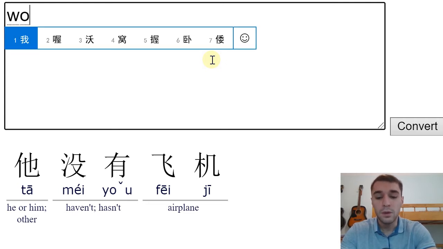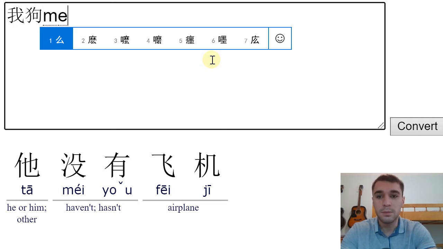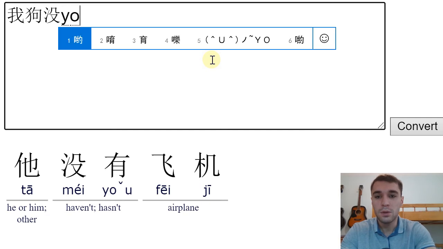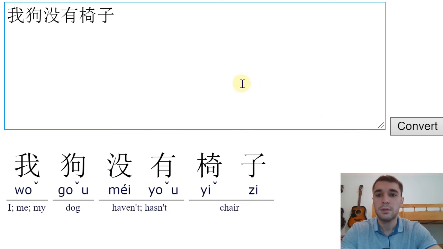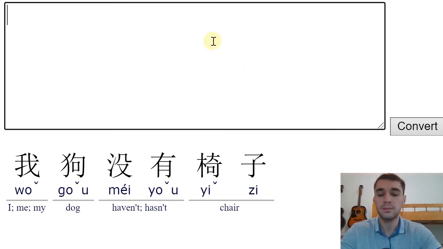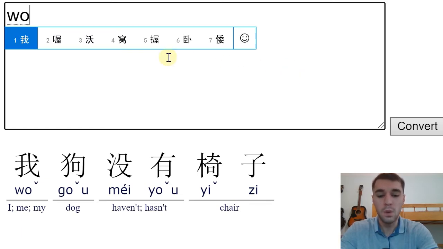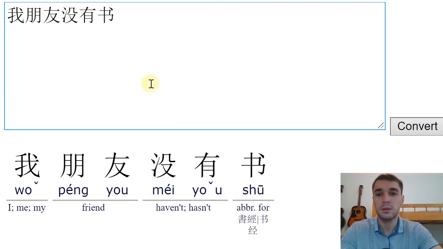Okay? 我狗没有椅子. Some other examples. My friend doesn't have a book. 我朋友没有书. So that's how it works. Let's continue.